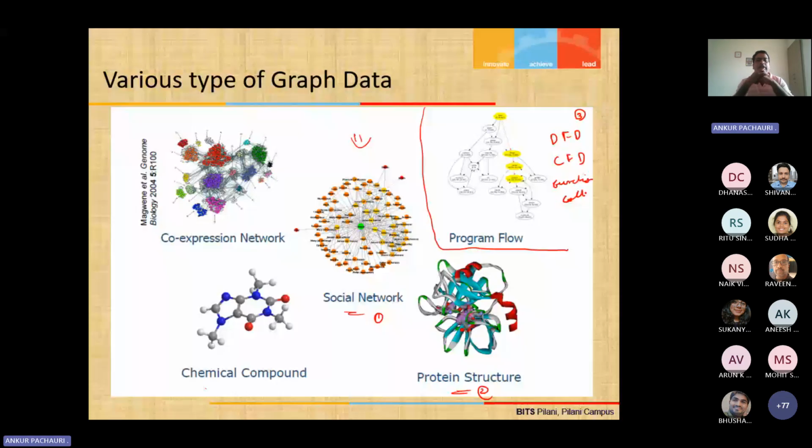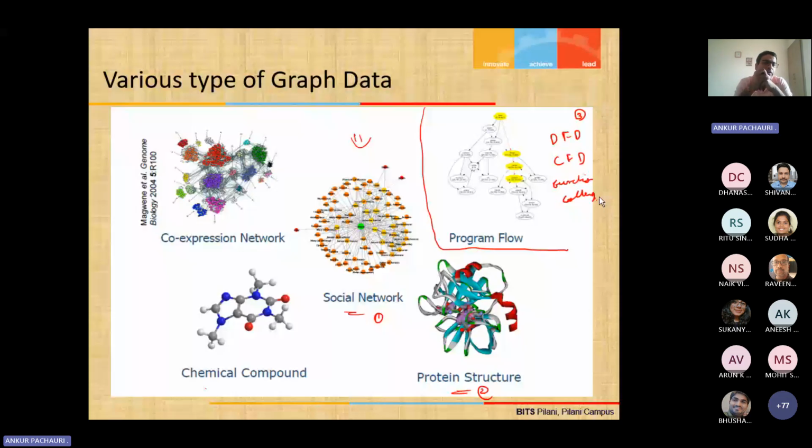That can also be converted into the form of a graph, and using that graph we can try to predict the errors, possible bugs. So that again is an area of graph neural networks.